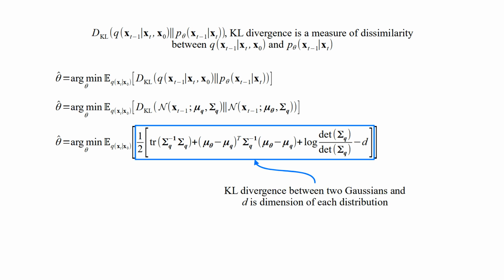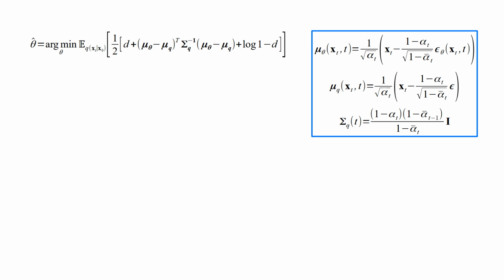Expression inside rectangle is KL divergence between two Gaussians. Let's use the equations for covariance and means.